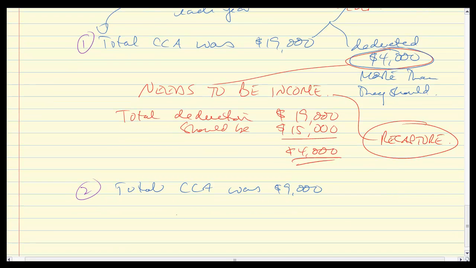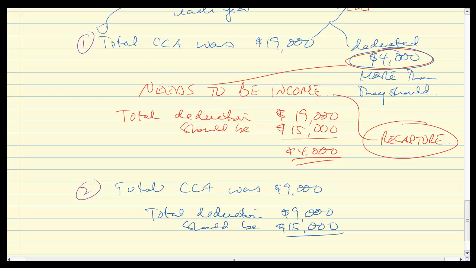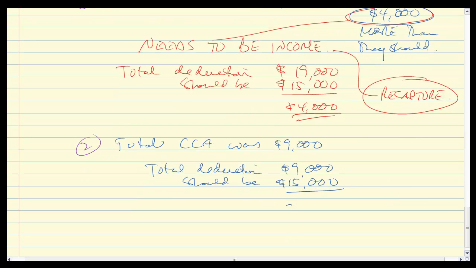Well, the total deduction is 9, should be 15. So in this case the difference is 6, but in the other direction.